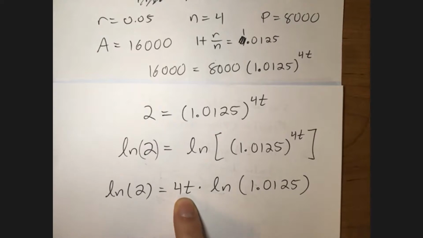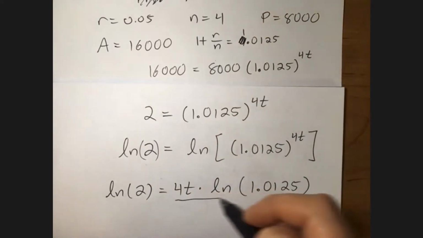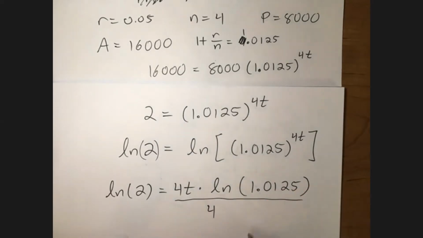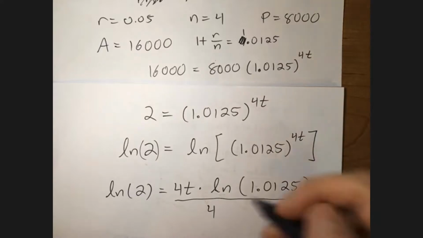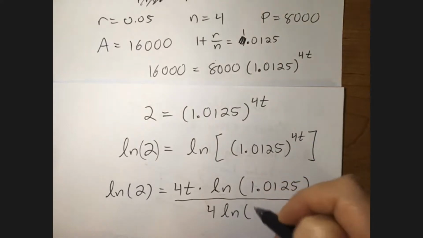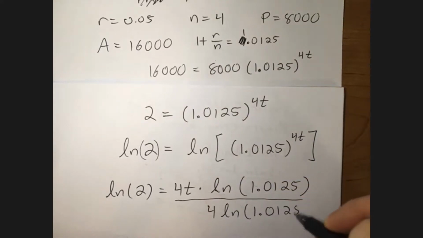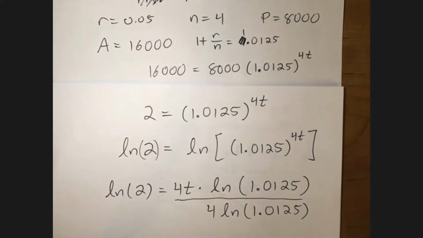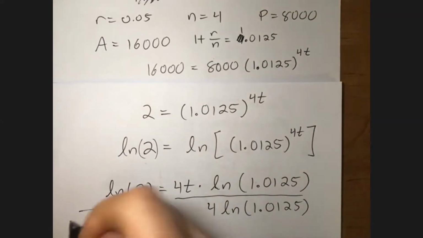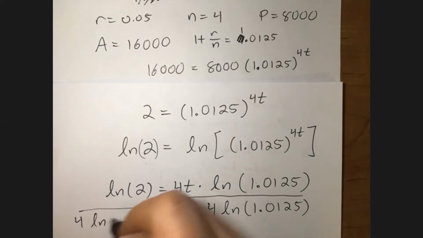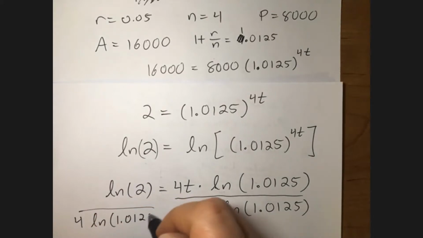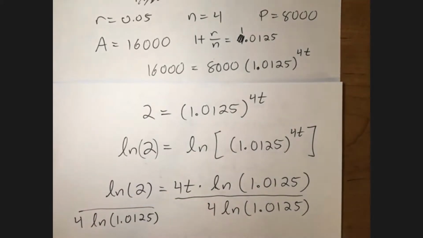I want to divide both sides by 4, but I also want to divide both sides by log of 1.0125. So do that on the left and do it on the right. We get a bunch of stuff cancels over here, and we've done it.